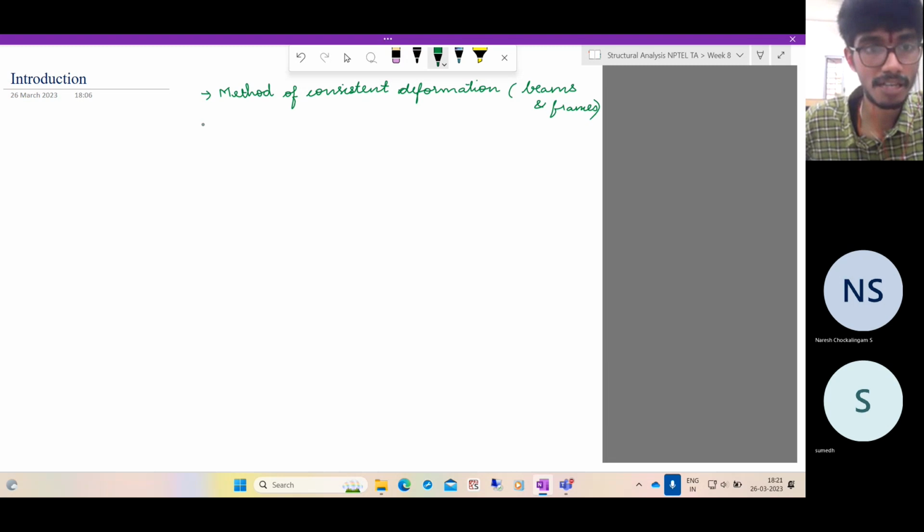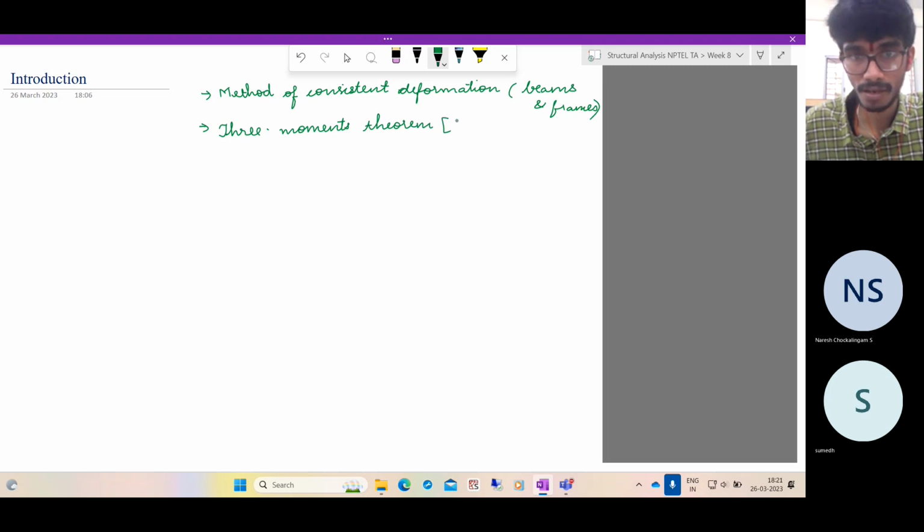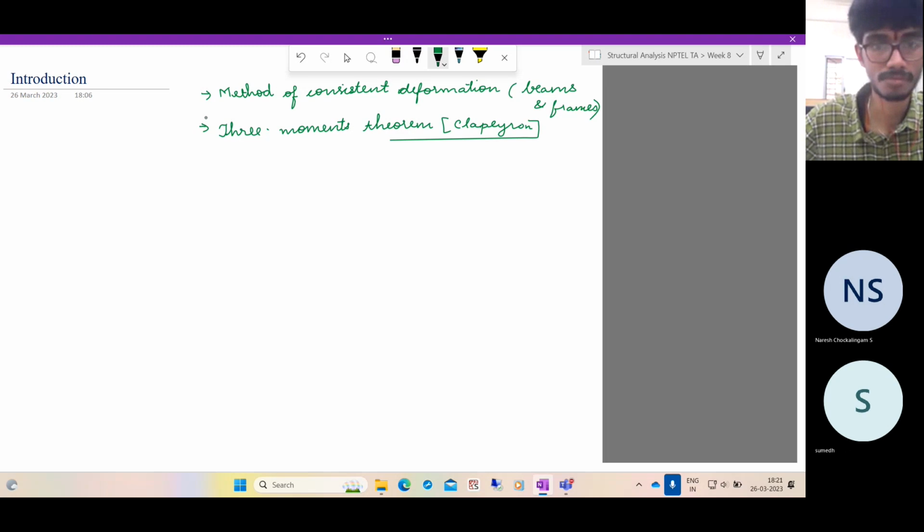We'll also be looking at one specialization of the method of consistent deformation to multi-span continuous beams, which is called the three-moment theorem. The recording has started and I hope the screen is visible.